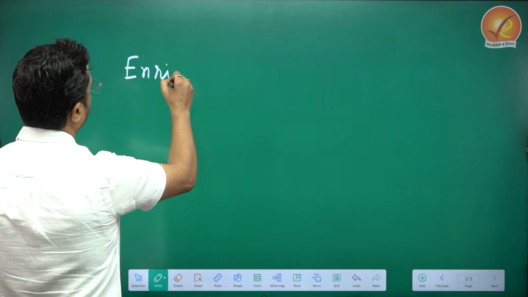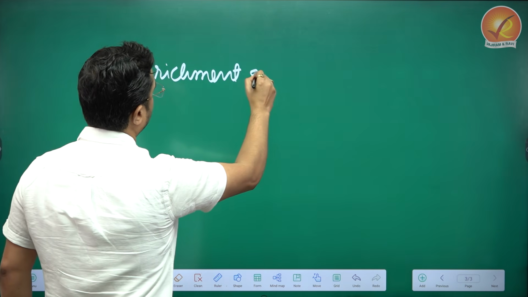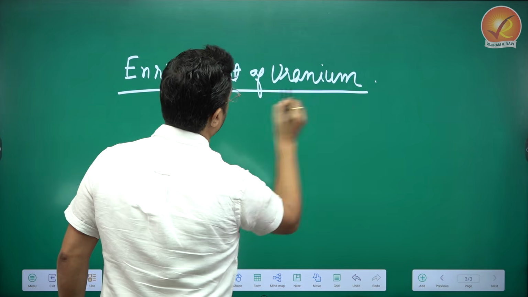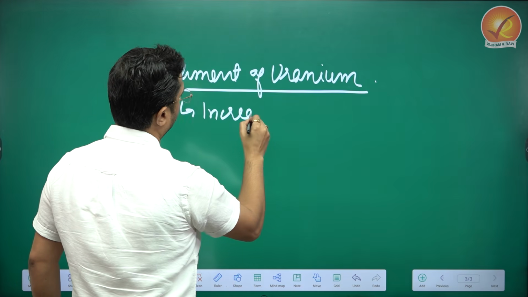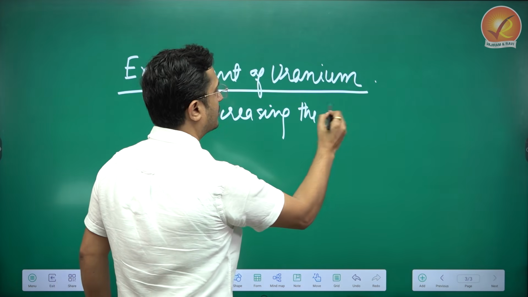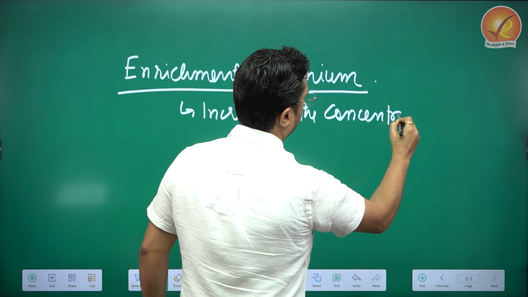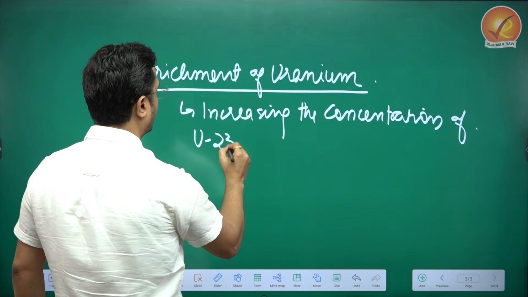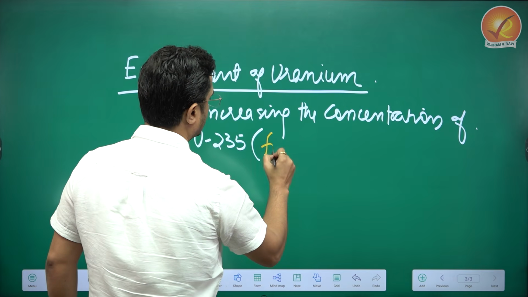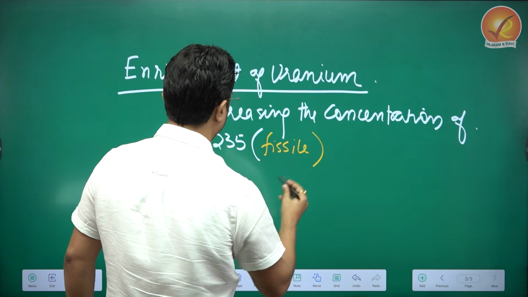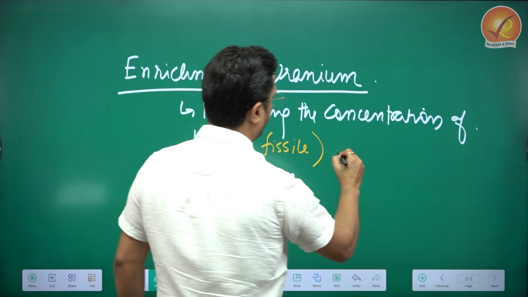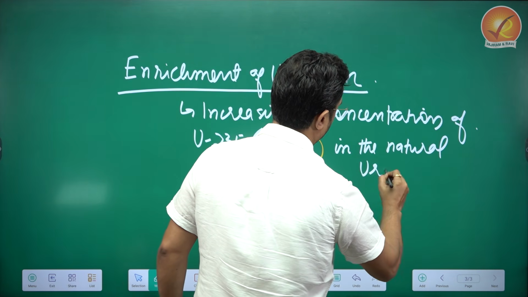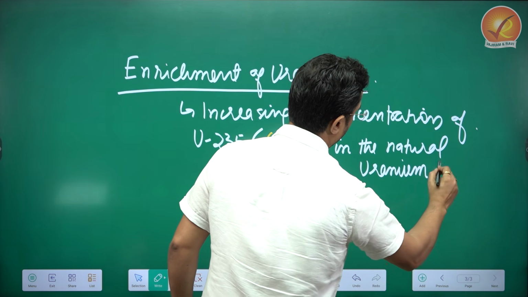Enrichment simply means increasing the concentration of uranium-235, the fissile isotope, in the natural uranium fuel.